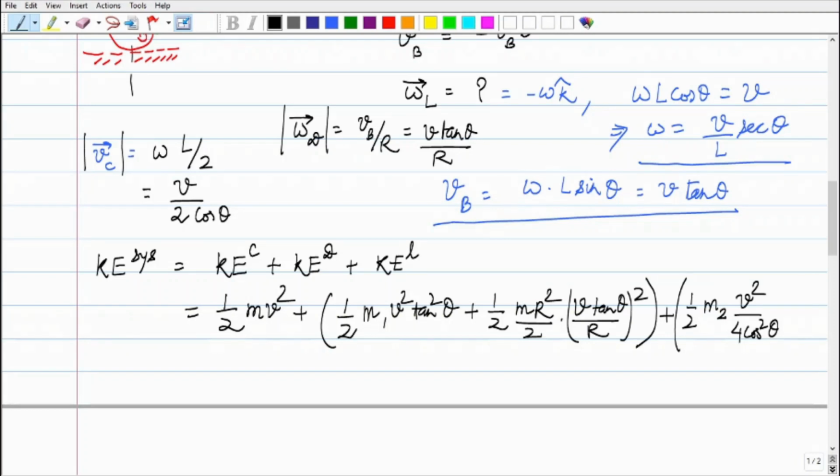Plus the rotational kinetic energy, which is half into IZZ of the link about its center, which is nothing but m l squared by 12. So it is m2 l squared by 12 into omega squared, omega of the link, which is V by l cos theta whole squared. Okay, so that's the kinetic energy of the system.